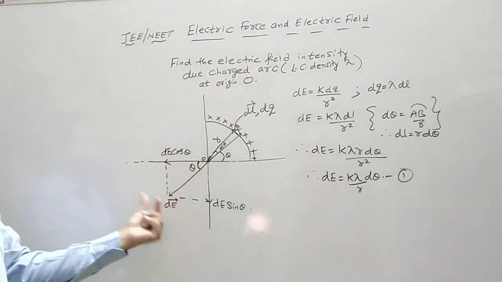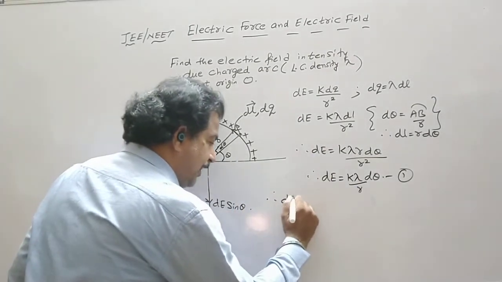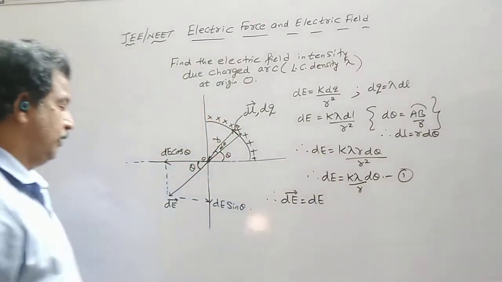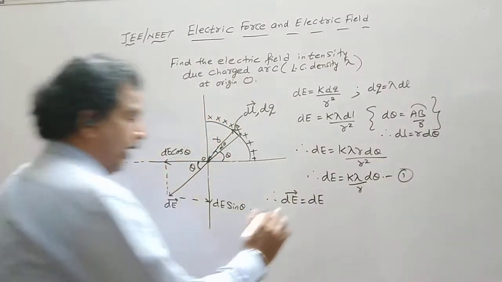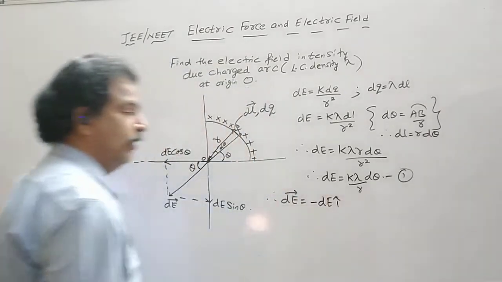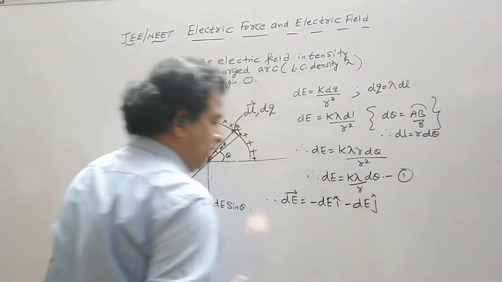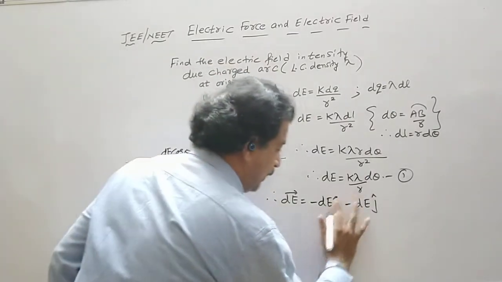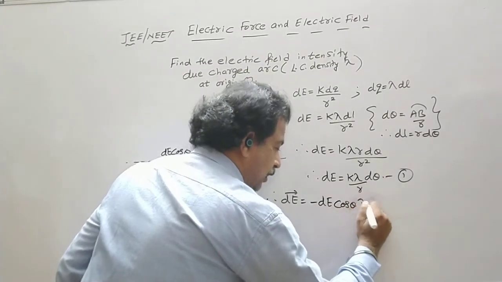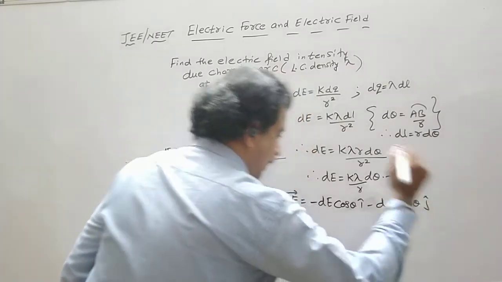Now I write this equation in vector form. Therefore dE vector can be written as dE, direction is negative x-axis, so I write minus dE i, minus dE j. Now we have a cos and sin component, so I will write this as dE cos theta i minus dE sin theta j.